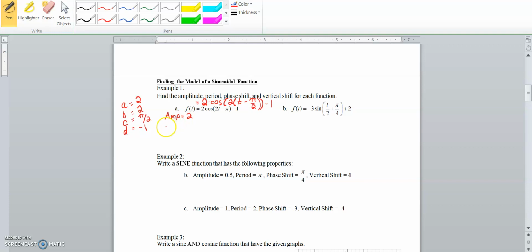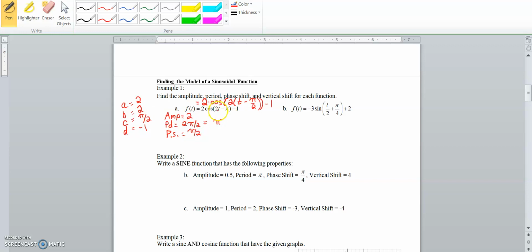Amplitude 2, period is 2 pi over B, B is 2. So our period is just pi. Our phase shift, PS, is pi over 2.